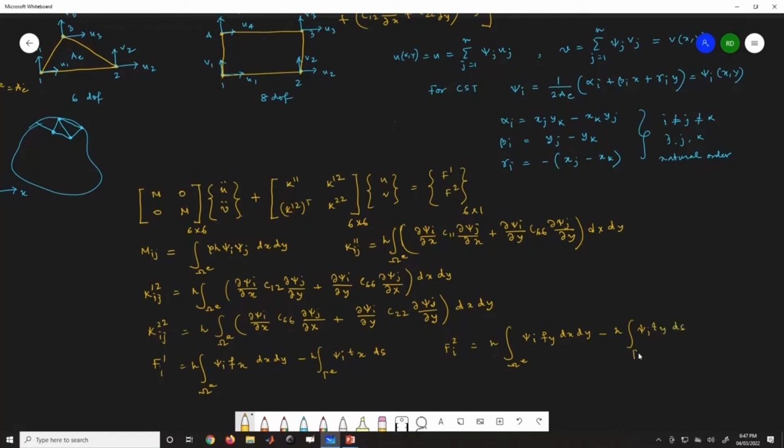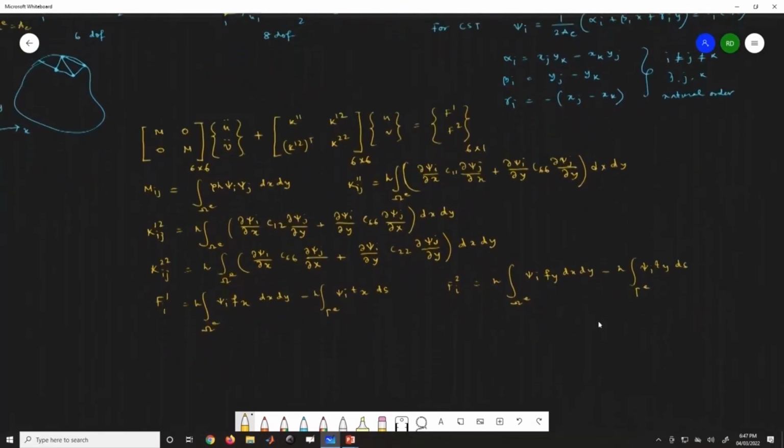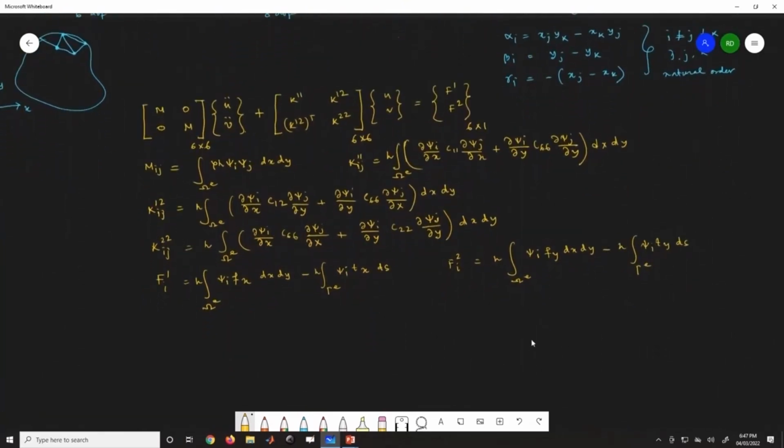This ds is over the boundary of the element, gamma e. So this is how to form the matrix.